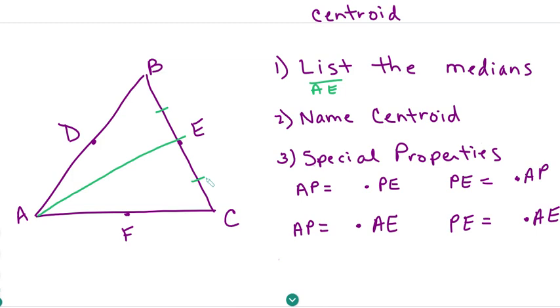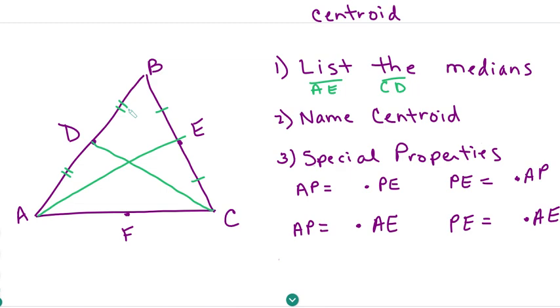The next median that we're going to draw is going to be DC or CD. If it is a median, then it touches the midpoint, which means AD and DB will be congruent.